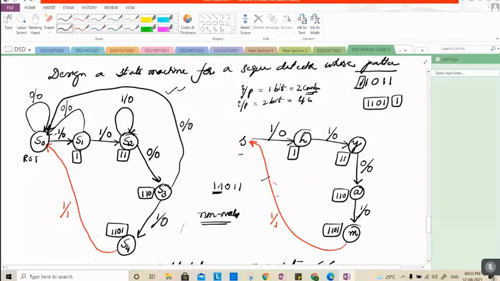Now after S4, if the input is equal to 0, what will happen? S1, sir. 1 1 0 1 అయిపోయింది. If the input is equal to 0, what will happen?